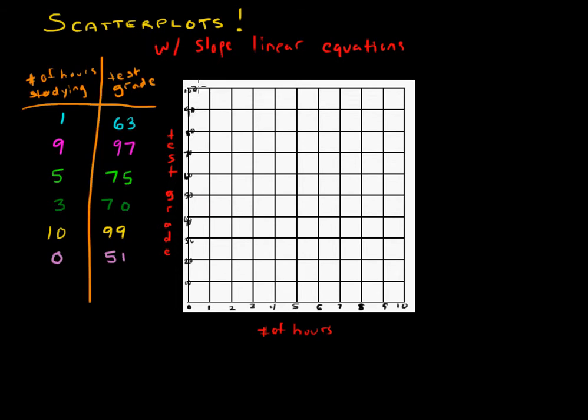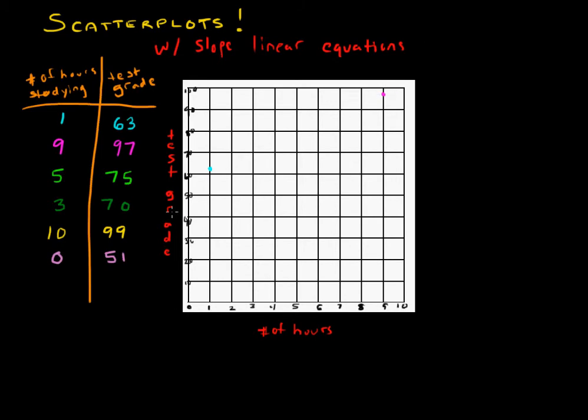So let's go ahead and graph these points. I don't even remember who I said the first point was. So for 1 hour, they got a 63. So that's about right here, more or less. And then for 9 hours, there was a 97. So 9 hours and 97, that's like way up here. 5 hours was a 75.